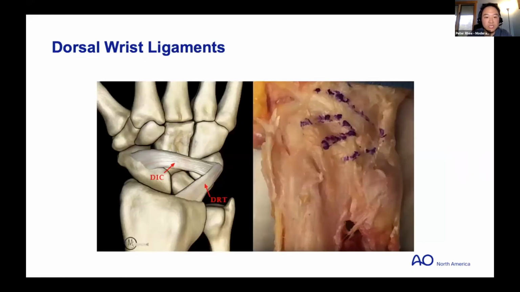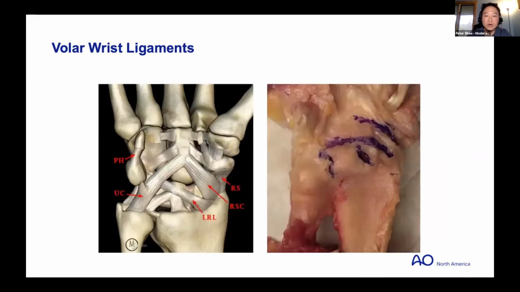On the dorsal side, it's primarily the dorsal radiotriquetral or the dorsal radiocarpal, with the dorsal intercarpal, are the main dorsal ligaments within the carpus, both intrinsic and extrinsic. On the volar side, though, we have the short radiolunate, long radiolunate, and RSC on the radial side, and the ulnocapitate complex. And it's in this weak area here in the space of Poirier that the perilunate mechanism really tries to exploit to create this injury.